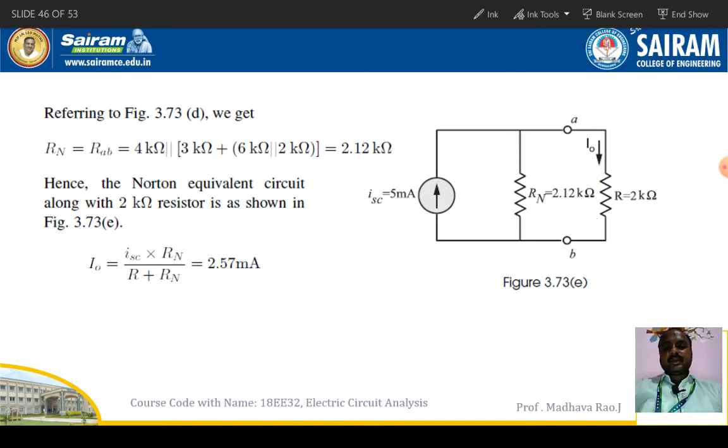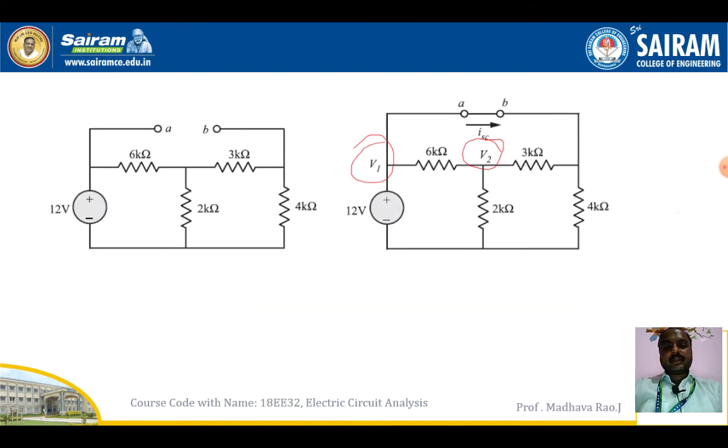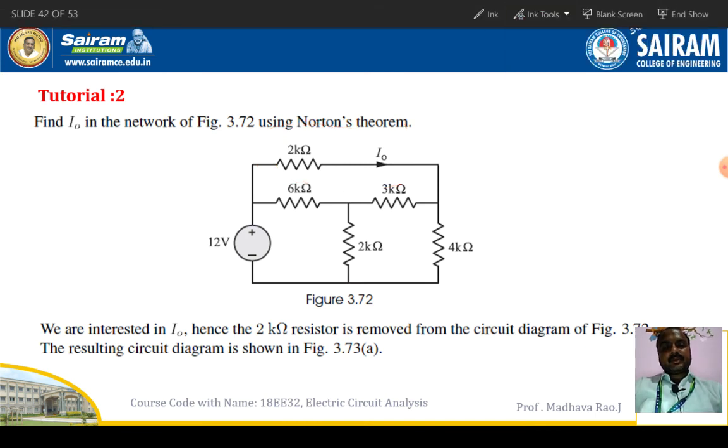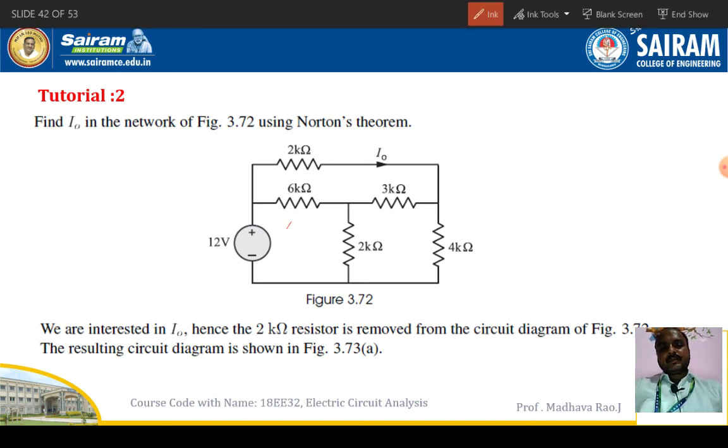Otherwise, what do we have to do? We have to follow the conventional method. We have to apply mesh analysis. Here this will be loop 1, loop 2 and loop 3. So we have to write KVL equations for all 3 loops.